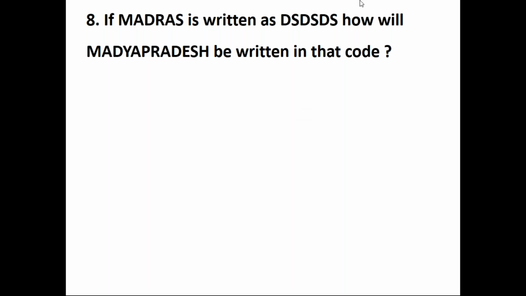Different logic. MAD, RAS, DS repeated. Madras contains six letters. D is the third position letter and S is the sixth position letter.